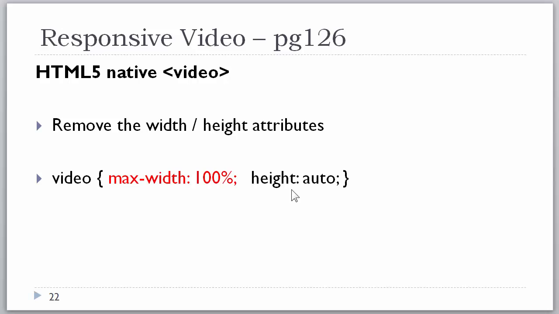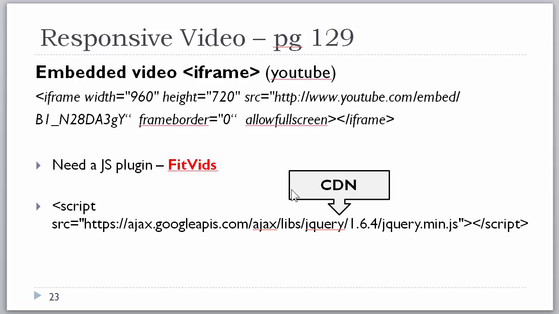And once you scale down to the smaller devices, the video would be set to max width of 100% of its enclosing container, and we would set the height to auto, similar to what we do for responsive images. However, a lot of our video comes in from other third-party applications such as YouTube, or there's others. And at this point in time, they are embedded using the iframe element.